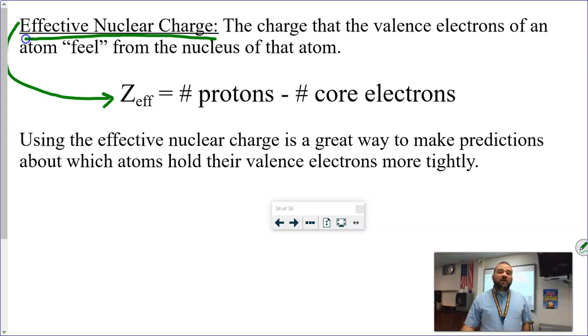We can generically figure out a value of the effective nuclear charge by taking the total number of protons in that atom minus the total number of core electrons. Core electrons and valence electrons we talked about last week. Core electrons are all of the electrons in the inner levels, closer to the nucleus. The better way to find the core electrons is to understand which ones are valence.